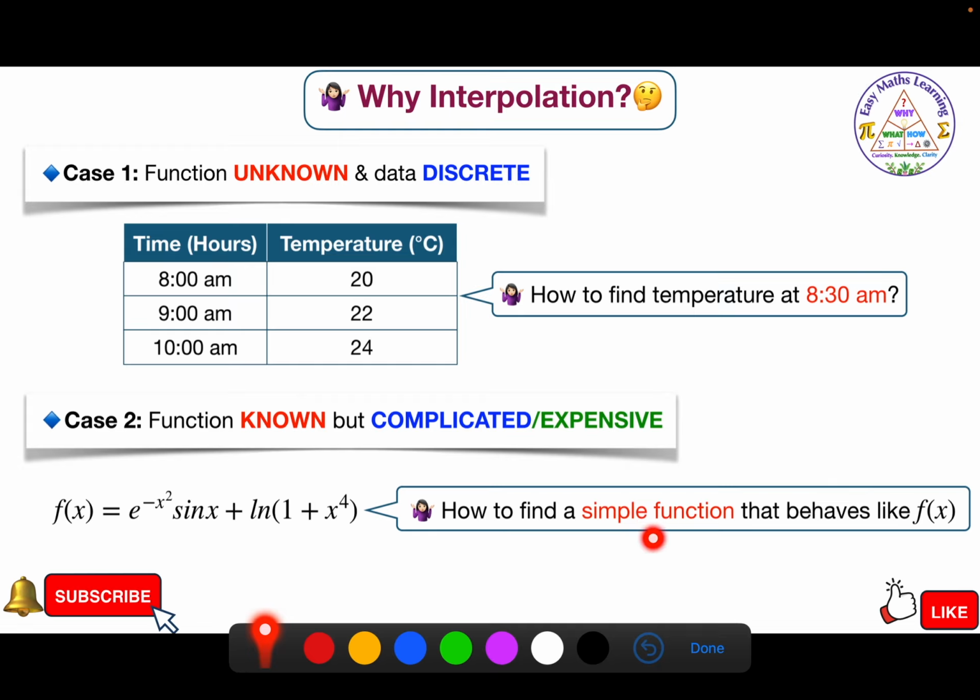So how to find that simple function that behaves like f(x)? This leads us to interpolation. So in both cases, either the function is unknown or it is known but complicated or expensive, we try to find a simple function that represents the given data or behaves like the original function.